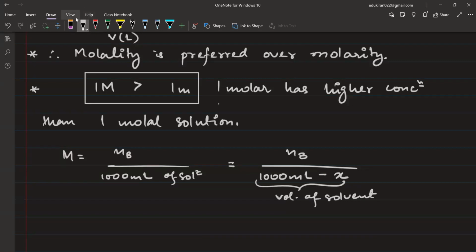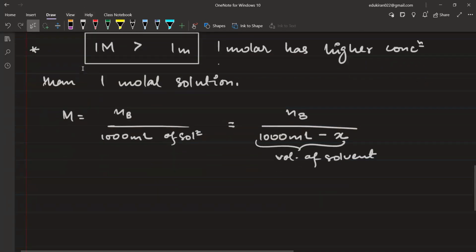Yes or no, please tell me. Okay. Now, can I say that the denominator is less than 1000? All of you agree with this? The denominator is going to be less than 1000 if I subtract something. Correct?